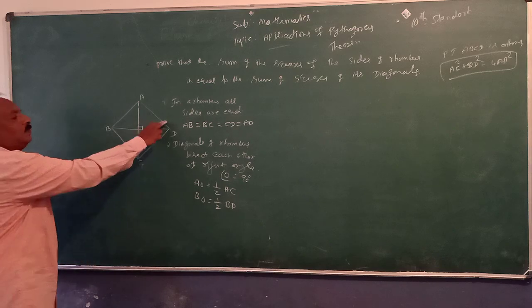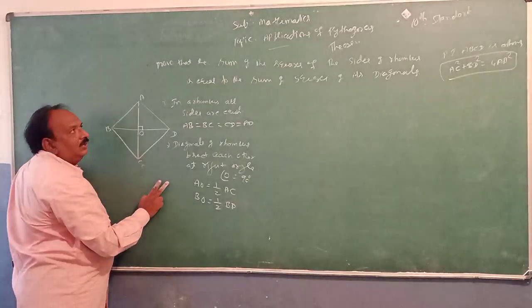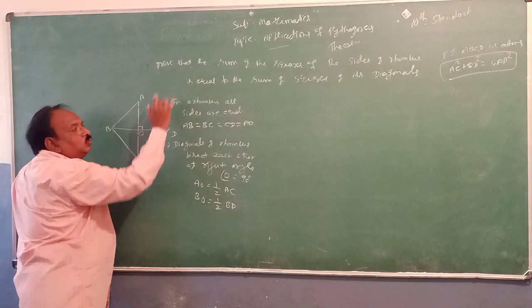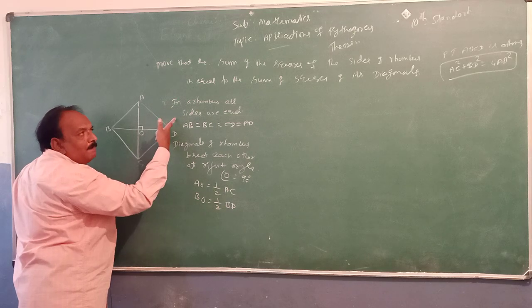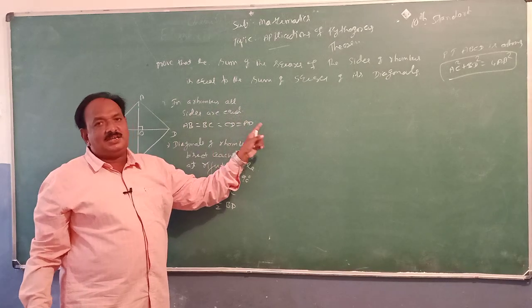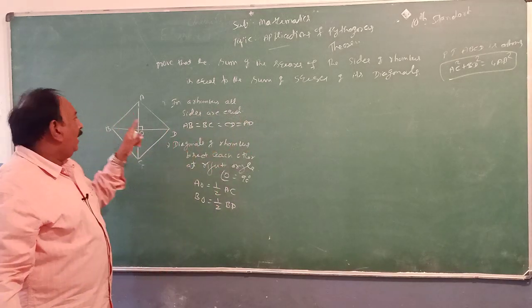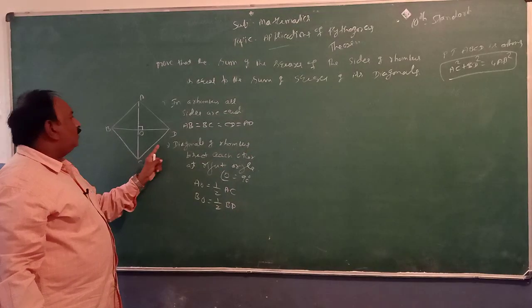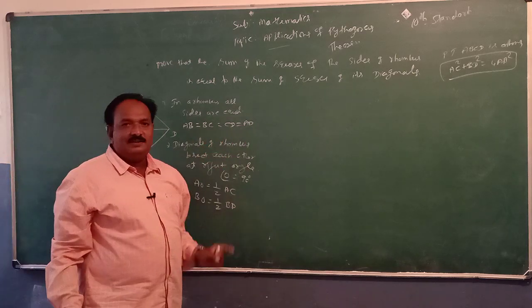These are the two properties you must know. In order to solve this problem, the student must know the two properties of the rhombus. In a rhombus, all sides are equal, that is, AB is equal to BC is equal to CD is equal to AD.